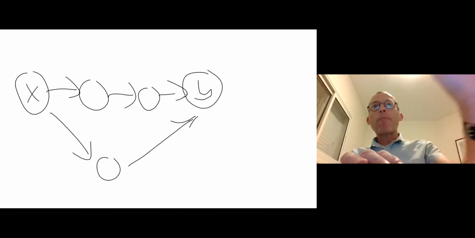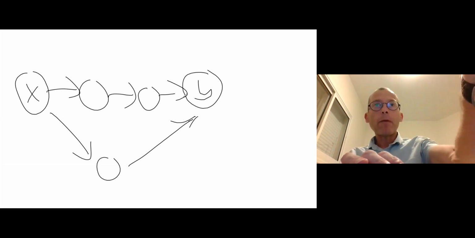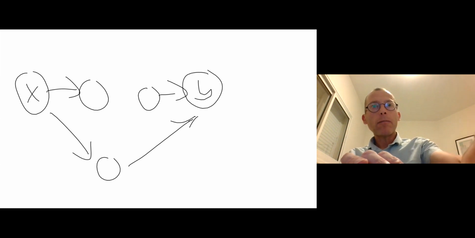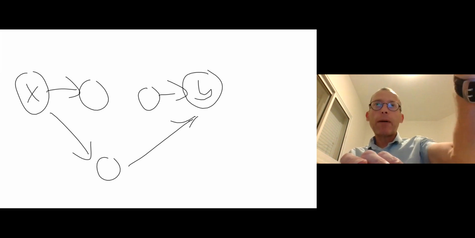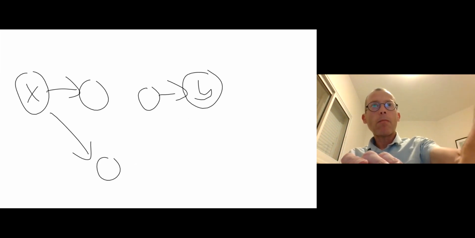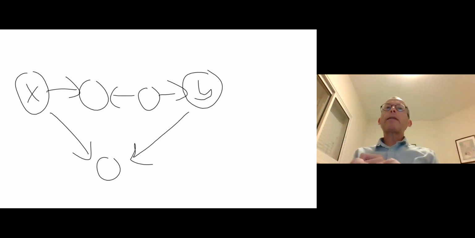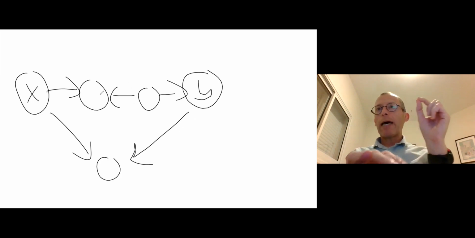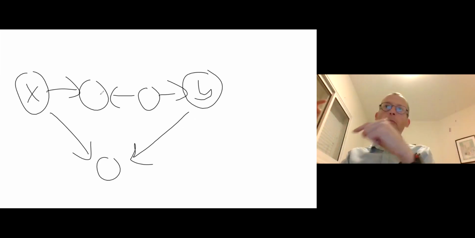However, if the path has a collider, or rather, if all paths between them have a collider, this is called a collider. A collider is where one node has two incoming edges, one from each side, okay?